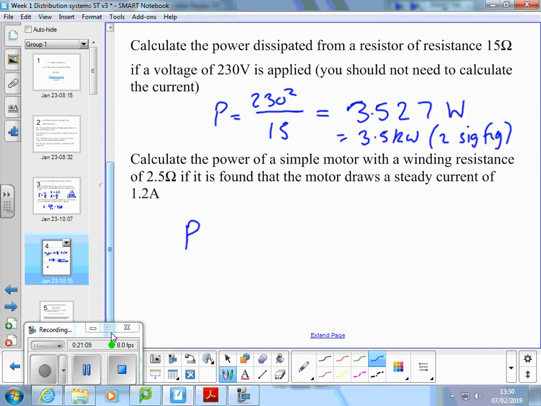So here we're looking at P is equal to I squared R. It's the most convenient formula, because they're the 2 things we've been given, which is 1.2 squared times 2.5 ohms equals 3.6. Yeah. Okay, so nothing too difficult there so far.